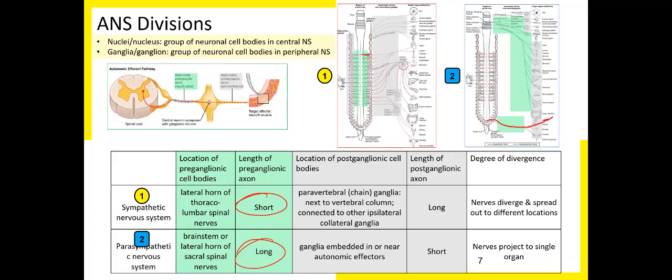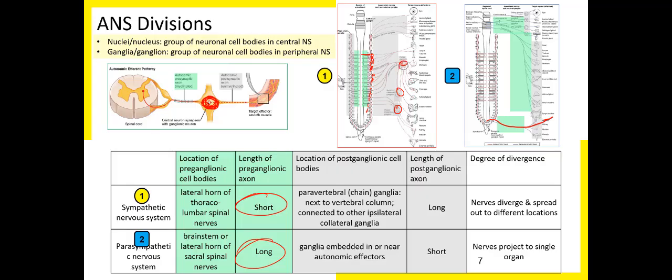Now, the second part is the location of the cell bodies of the second, postganglionic neuron. In the sympathetic nervous system, they're located either in the sympathetic chain ganglia, called that because they form a chain over here, or in these collateral ganglia over here.